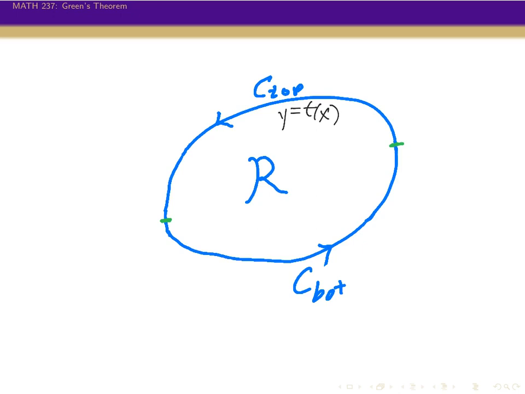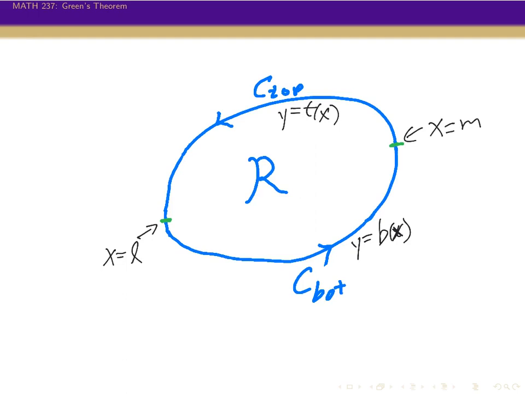And the bottom we can think of as being defined by some other function, y equals the bottom function, b of x. Then we've got these bounds, so we have to name them. Let's name the one on the left x equals L, and the bound on the right x equals m.